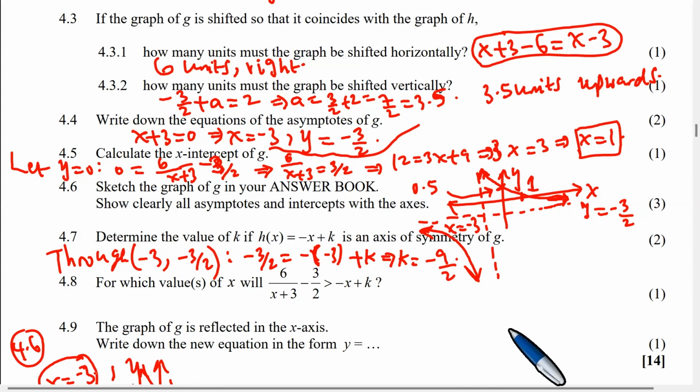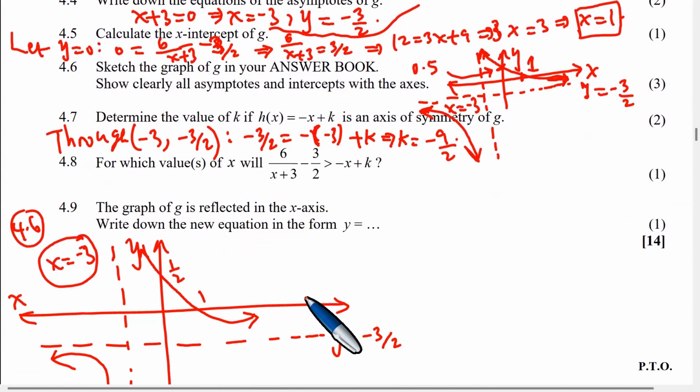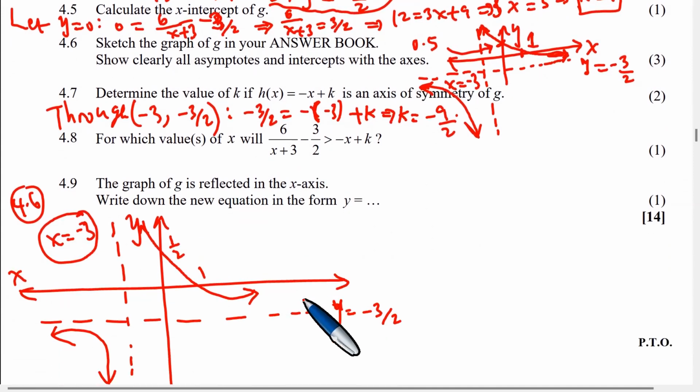Okay, next. For which values of X will this be the case? Here, you are taking the function. There is a line with a negative slope, minus X plus K, and K is minus 9/2.